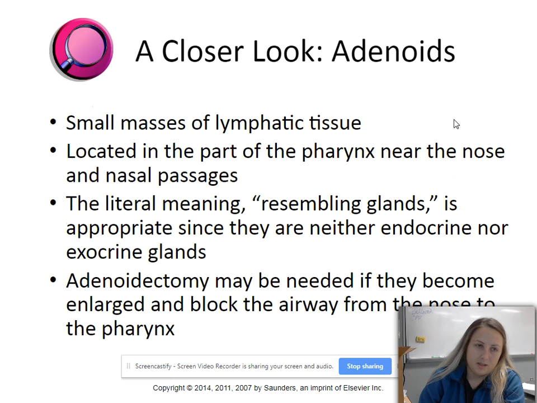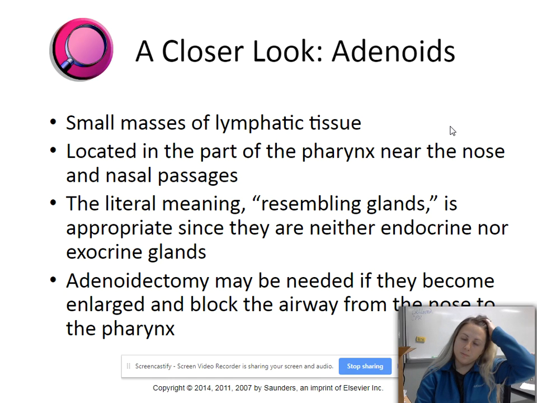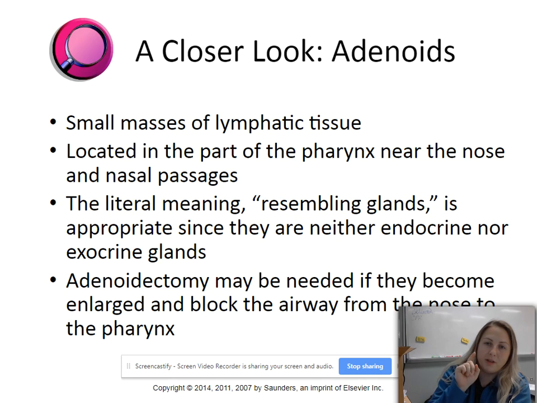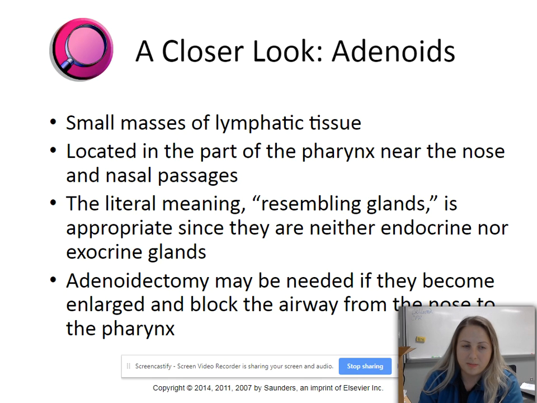Your adenoids. So these are part of your lymphatic system. They're masses of lymphatic tissue, and they're located in your pharynx, near the nose and your nasal passages. Okay, so these are at the very back of your throat, up in your nasal passages a little bit.